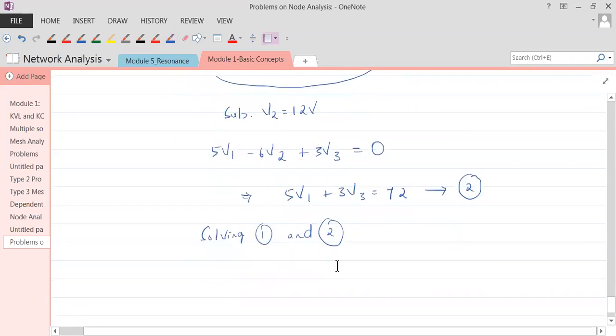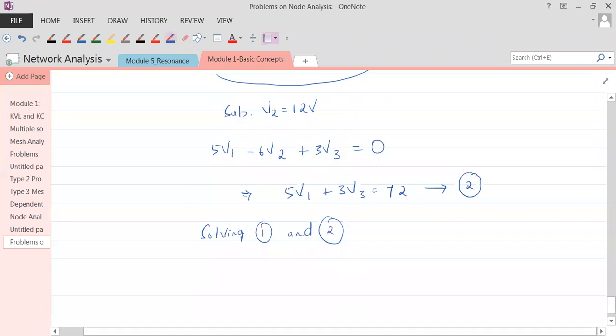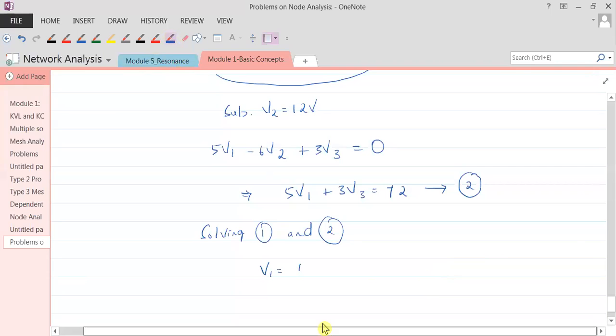Solving 1 and 2, you have to know to use your calculators. So V1 is 12 volts, and V3 is 4 volts.